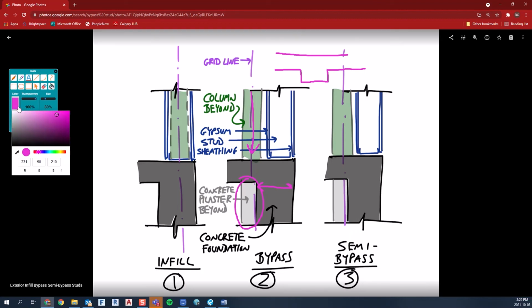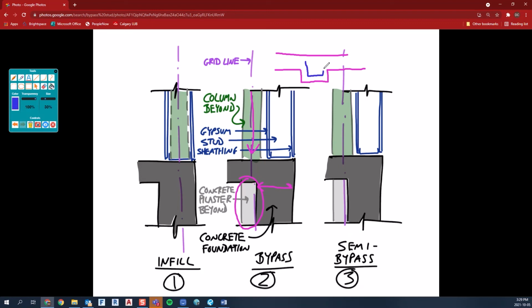And the column above would be sitting maybe like that or whatever. Okay, so you had to build out the concrete so that the column is sitting on the foundation. So that's one of the big differences in the foundation. So again, semi-bypass, there's no difference between these two options at the foundation level.